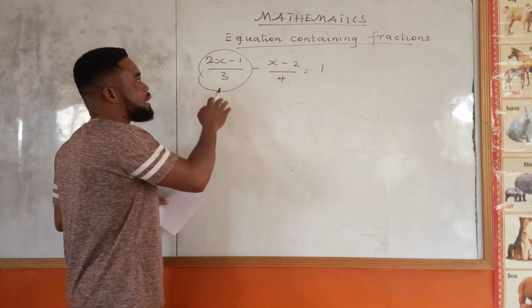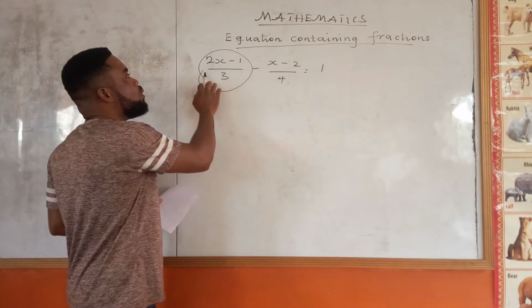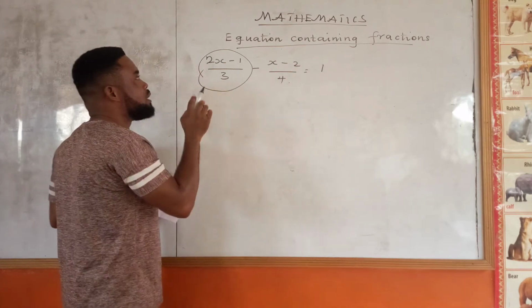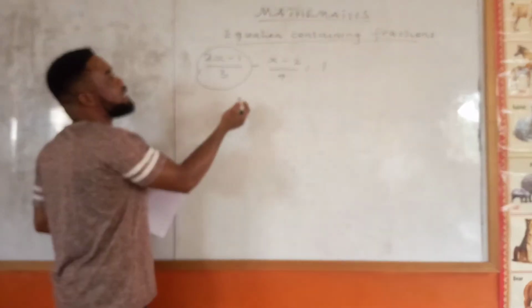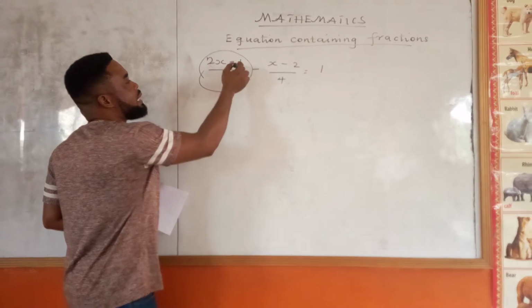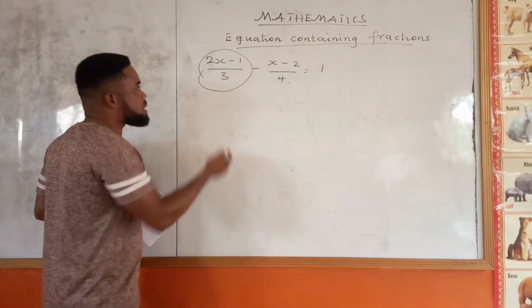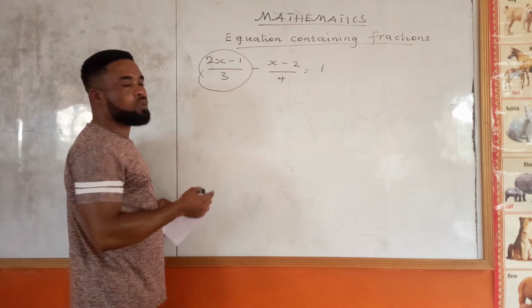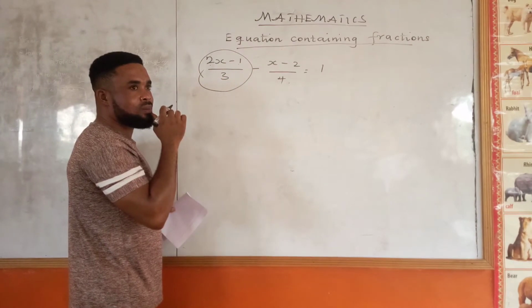So if you are multiplying, you multiply by it as 1 term. That is all. Don't be multiplying the LCM by the 2x and then the 1. It is wrong, because it is having only one denominator. Therefore, we consider it to be 1 term.